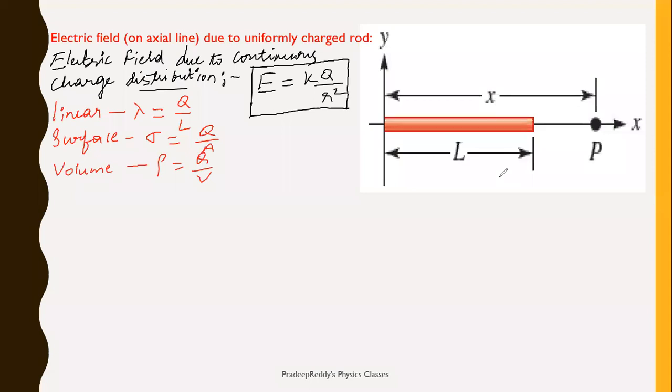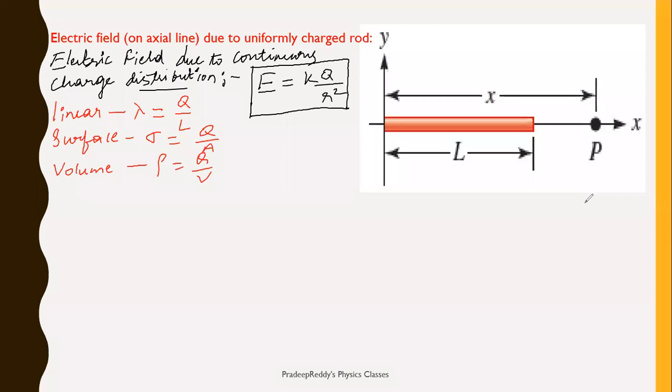So first we will choose which category the particular material comes under, and then we will use the procedure of integration and differentiation, and arrive at the equation for electric field due to that particular material.